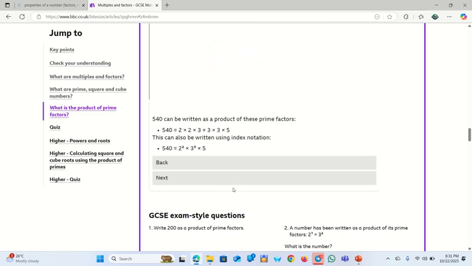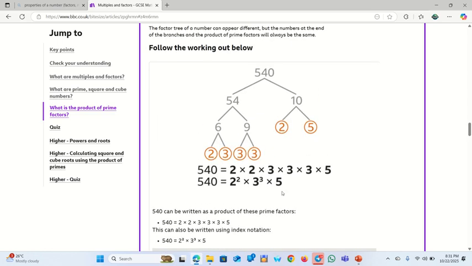Let's go to next. 540 splits to 54 and 10, to 6 and 9, to 10 and 2, 5 and 2, 3 and 3. That means starting with the smallest, how many 2s do we have there? 2 in 2 places, right? That's this one and this one.